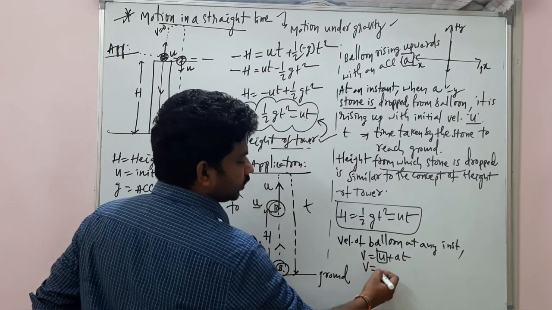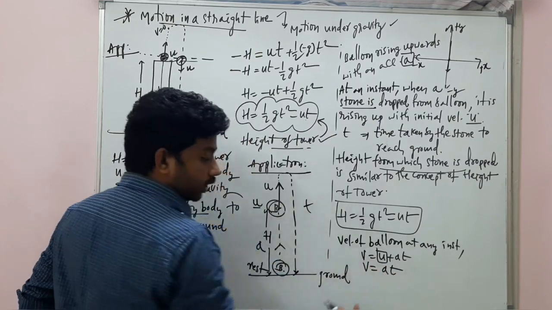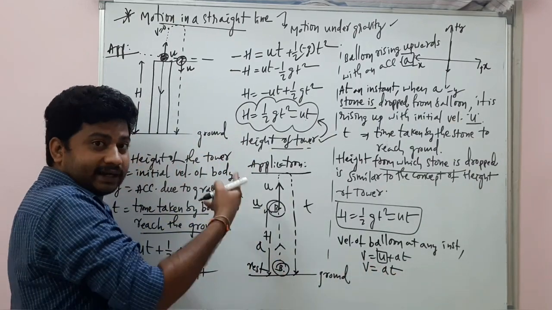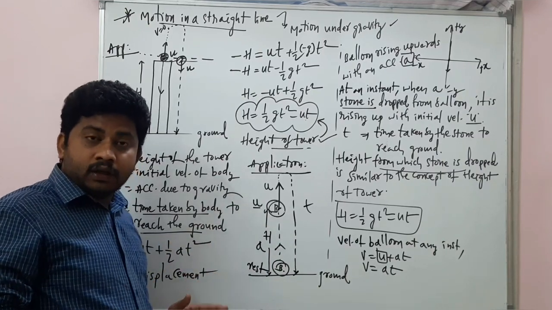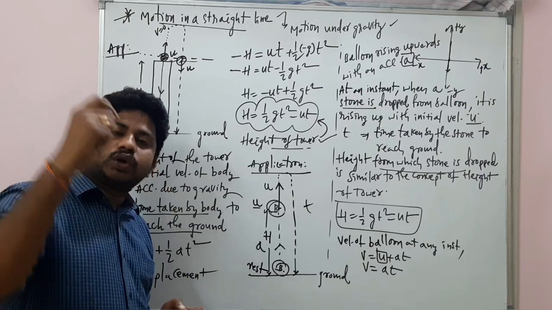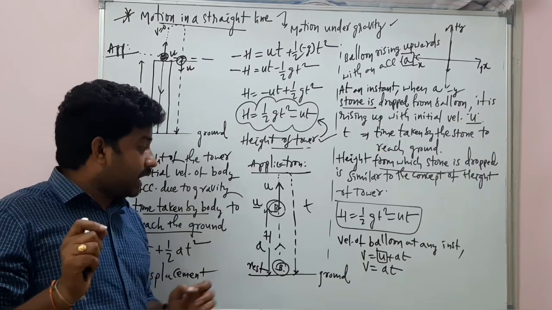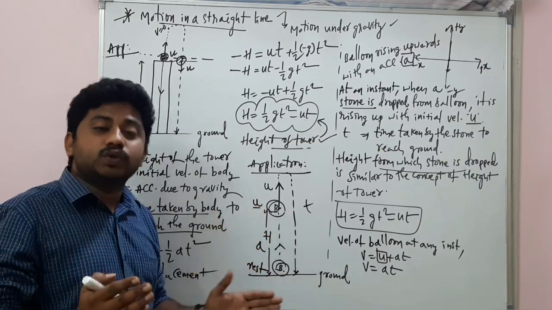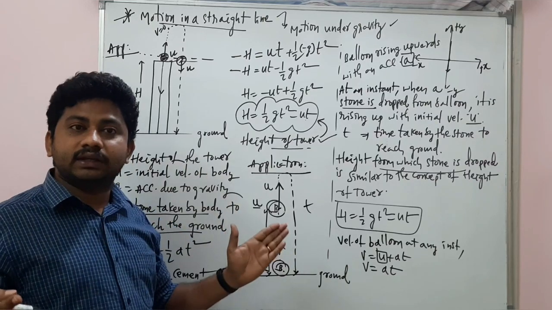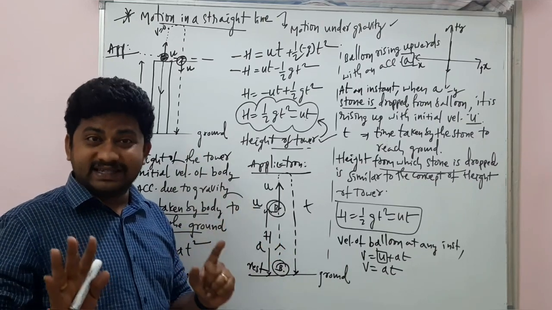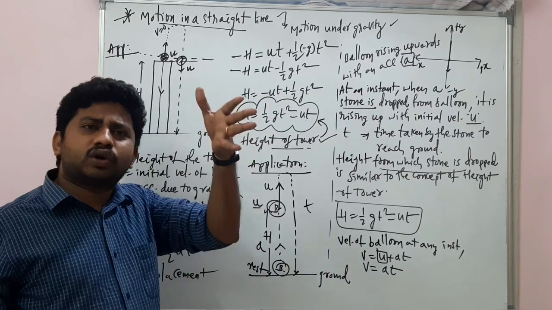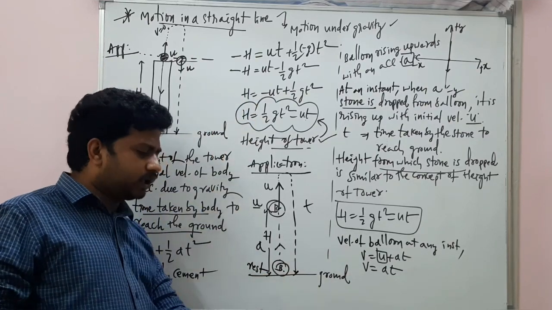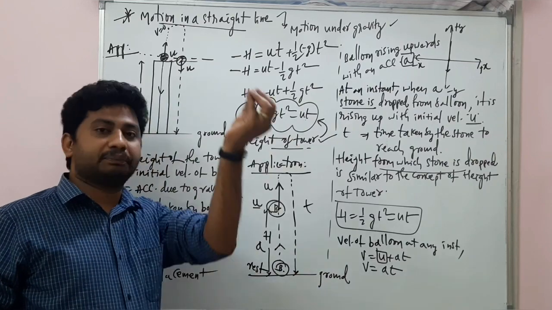So v is equal to a into t. a is the acceleration of the balloon, as the balloon has its own acceleration. We are not considering the acceleration due to gravity in this case, you remember. We are not throwing the body and we are not dropping the body. We are just keeping the body on the ground and the balloon is moving up.